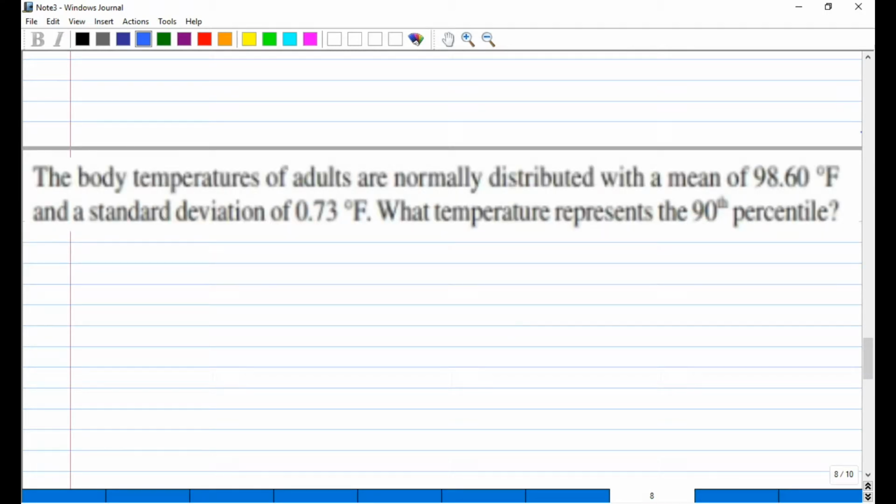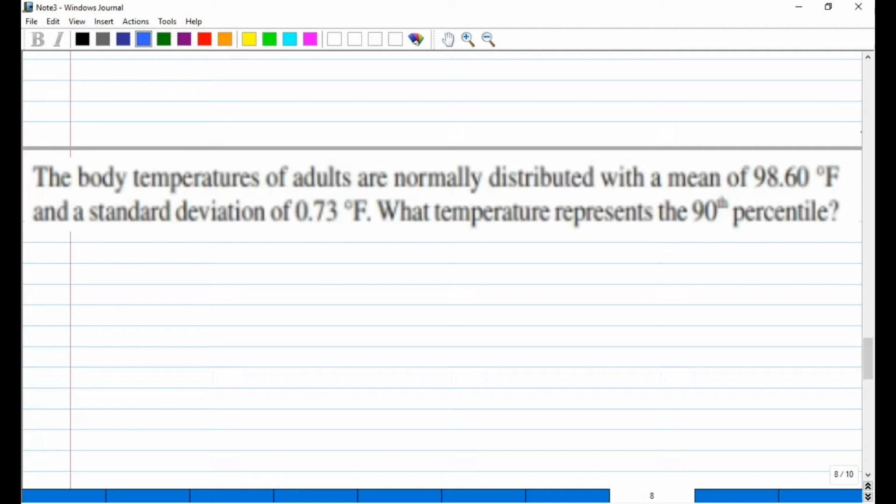All right, it says the body temperatures of adults are normally distributed with a mean of 98.6. All right, everybody in here pretty much knows that, right? You have a temperature over that, if it's a little bit, it's a low-grade fever. Some people, like myself, mine is not 98.6 normally. Mine's usually around 97.9 or 98.0.